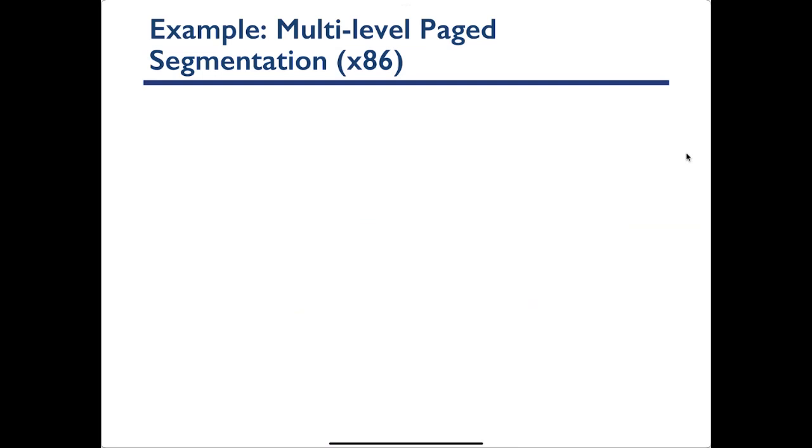Now, I kind of alluded to the fact that x86 uses this multi-level page segmentation. In x86, you have this global descriptor table, which is similar to this segment table. Basically, these are a bunch of registers in the processor that constitute the global descriptor table.